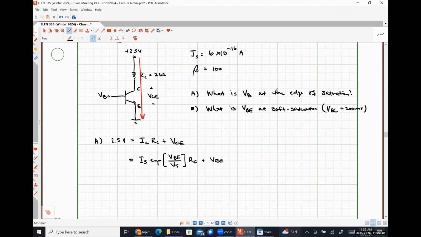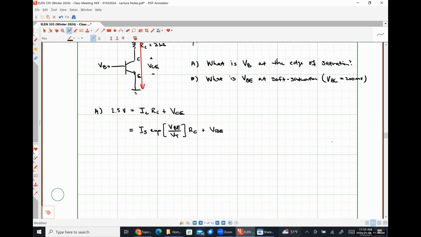VB at the edge of saturation is going to be the exact same thing as VBE because our emitter is at ground, right? So VB and VBE are the same thing. So I have a simple equation that I can solve using the numerical solver on my calculator or the iterative procedure that I try to avoid because it's long and annoying, right?